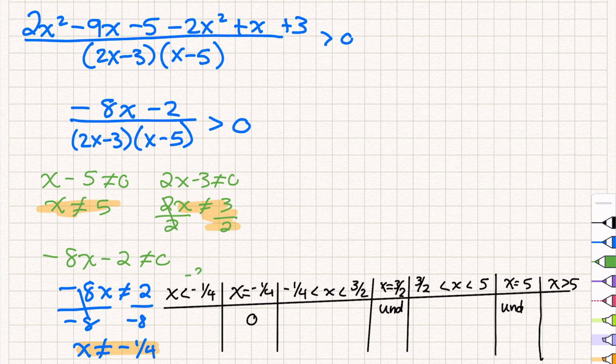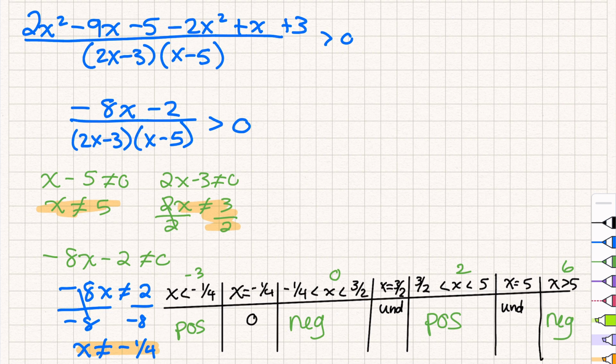So you can use like -3, you can use 0, you could use 1, or 2, sorry, you could use here 2, and you could use 6. So you can pause the video and take a moment to check. So we should get a positive value here, a negative value, a positive value, and then a negative value.